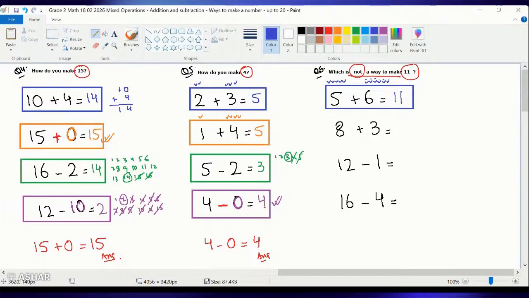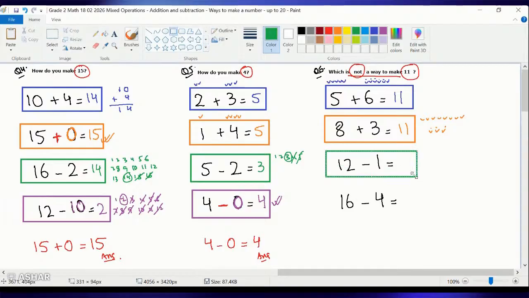So we have to find an answer that is not equal to 11. 8 plus 3, we have 1, 2, 3, 4, 5, 6, 7, 8, and 3 more. 8, 9, 10, and 11. And we know that whenever we subtract 1, we minus 1 from any number, we get the number before it, right? So 11 comes before 12. So when we are subtracting 1, we still get an 11.